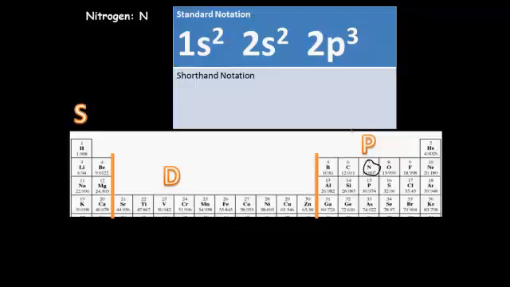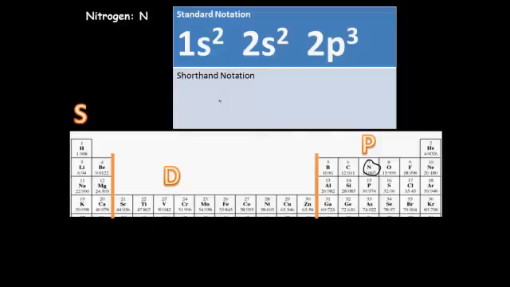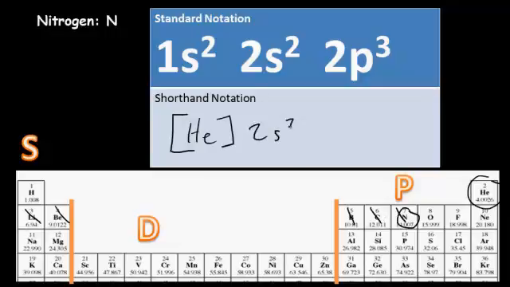According to my rules, I go back to my most recent noble gas. The last noble gas located on the periodic table right before the element, in this case, would be helium. So I write helium in brackets, and then I write everything after helium: 2s2, 2p3.